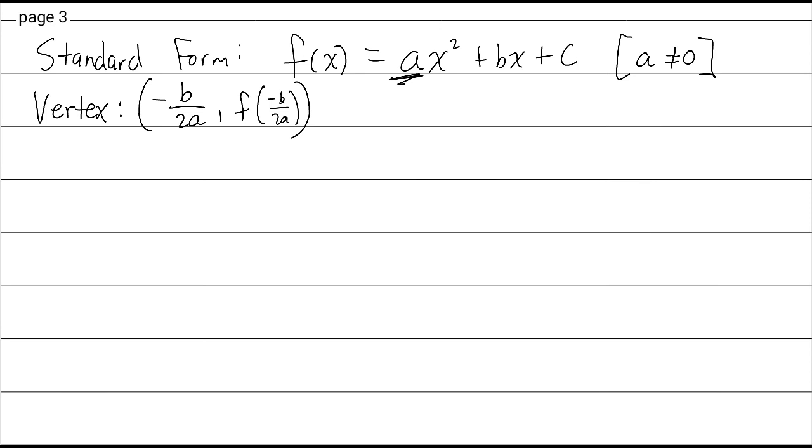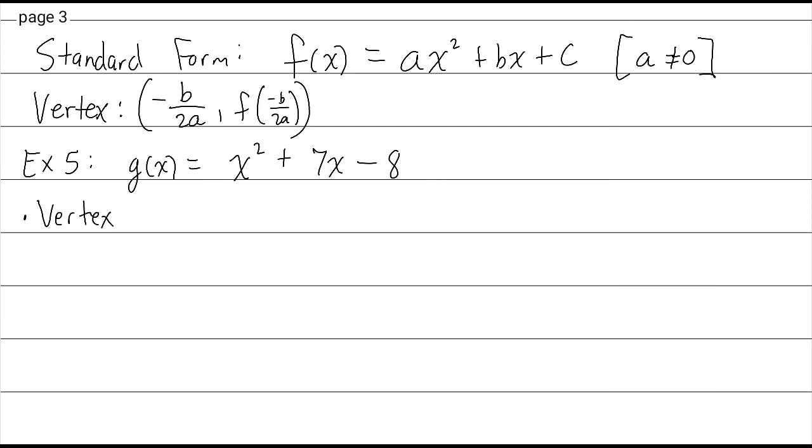All right, so let's do an example. I think we're on example 5 here. We have g of x equals x squared plus 7x minus 8. We want to find the vertex, the axis of symmetry, and so on.